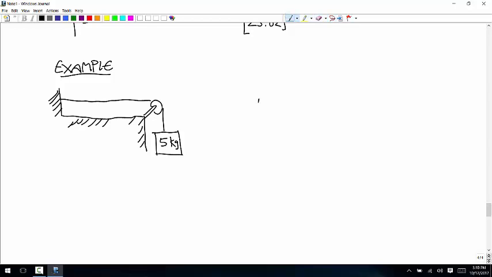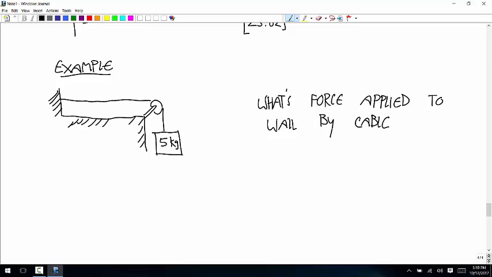And we want to know what's the force applied to the wall by the cable. Well, between the ends of this cable, all it touches are pulleys, so that's fine. We know the magnitude's going to be the same everywhere.